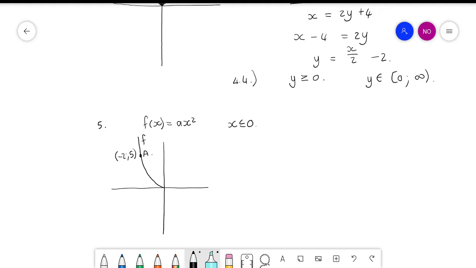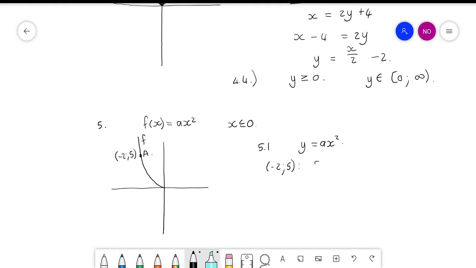En hulle gee vir jou 'n punt wat op die grafiek is en dan vra hulle vir jou bepaal die waarde van a. Okay, so you have two different coordinates on that graph, but one of them is 0 and 0. So if we go and substitute 0 and 0, then we're going to lose the term with the a in it. So you can't use that one. You have to use the other point that you have on that to find that value.